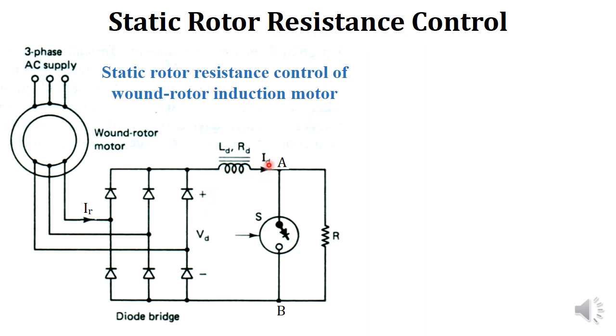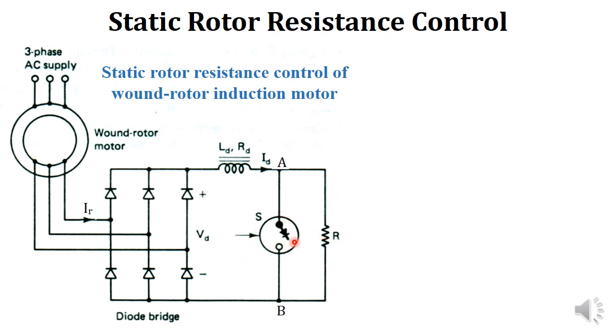And at the output we have an inductance LD, which is connected to remove the ripples in the current, that is the DC link current ID. And these are the terminals A and B. The resistance across the terminals A and B will be controlled with the help of this combination of resistance and the switch.